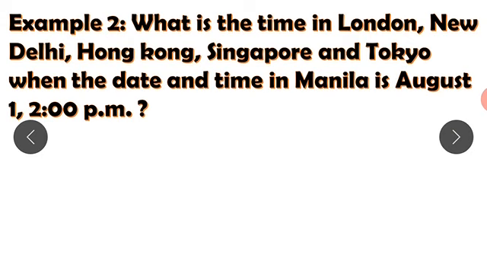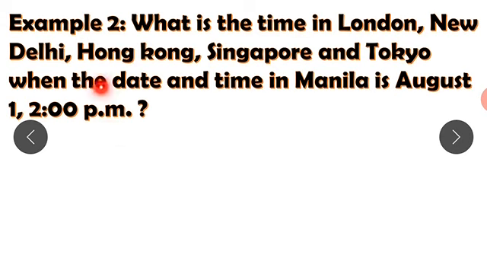How can we get the date and time in Manila? Or what is the time in London, New Delhi, Hong Kong, Singapore, and Tokyo when the date and time in Manila is August 1, 2 p.m.? So first we need to get the UTC.